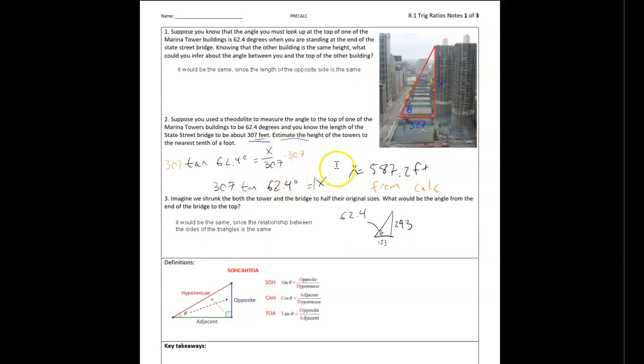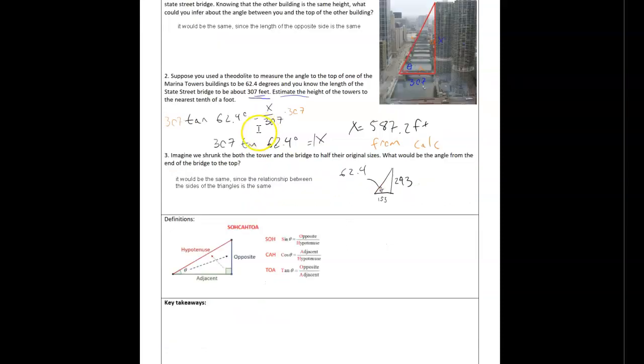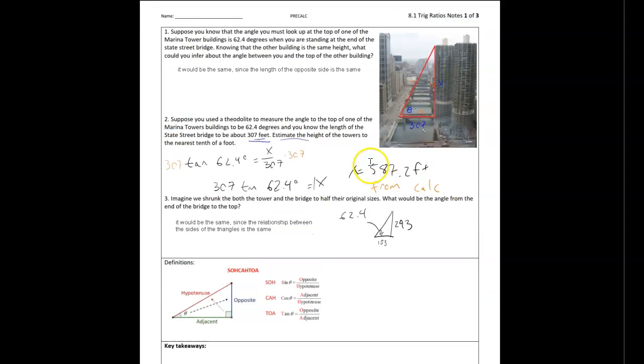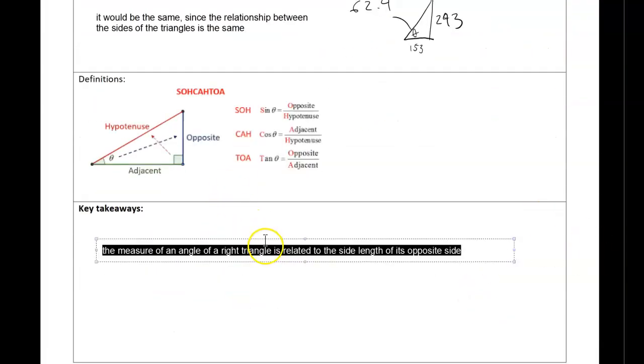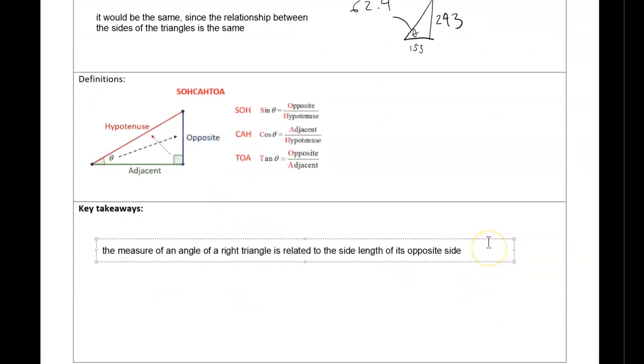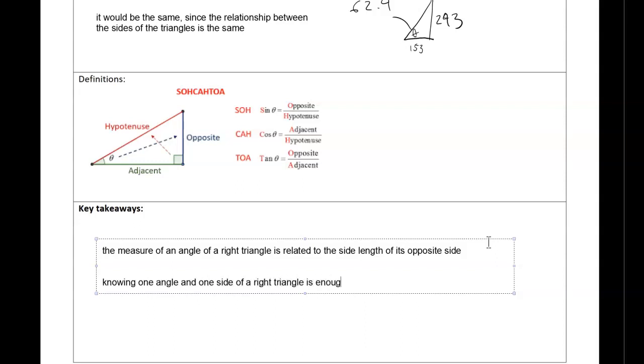Okay, so here we have an example of how to solve a triangle using a trig equation, and some examples of the logic we're using here. So my key takeaways here is first that the measure of the angle in a right triangle is related to the side length of its opposite side. So how high I lift my head is related to the height of the building, right?